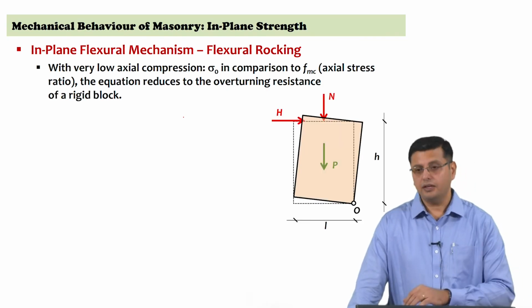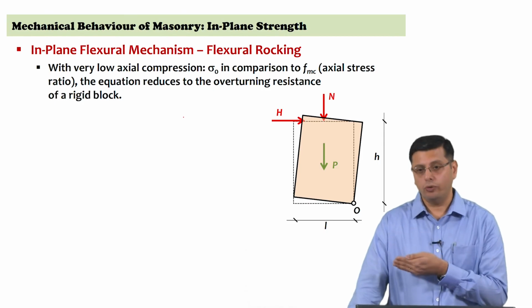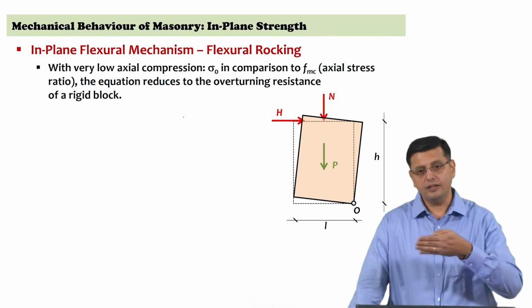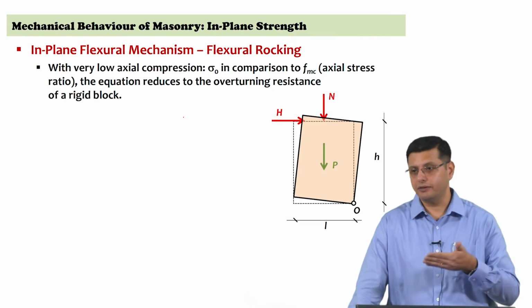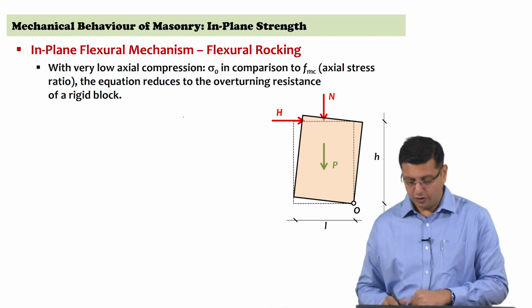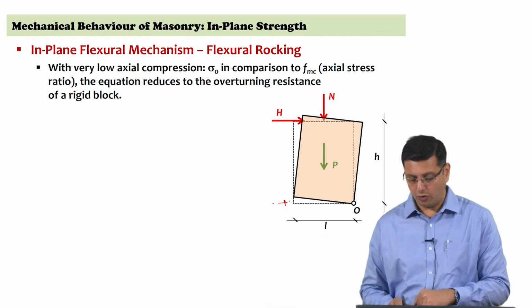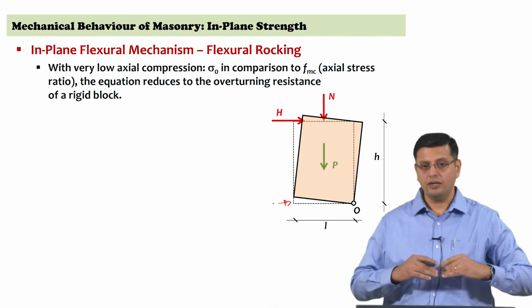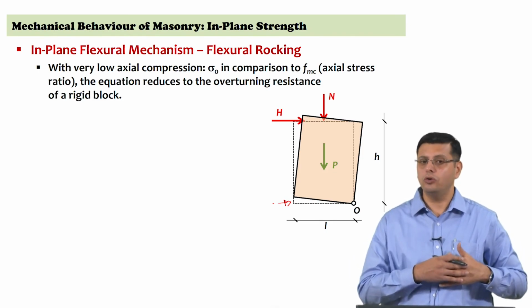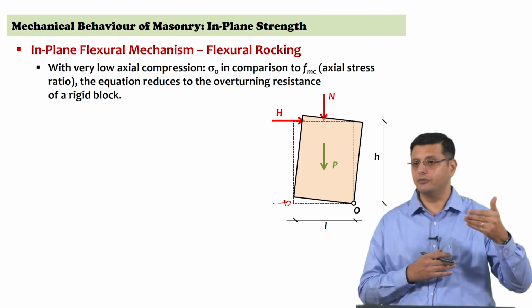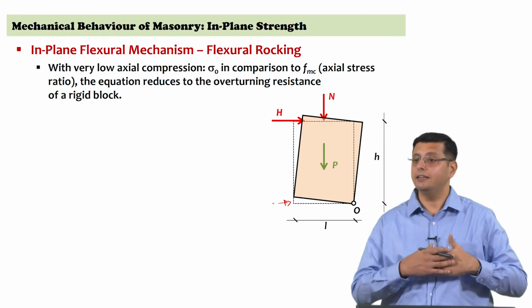So, if the precompression level is low, then with even a small amount of lateral force, if the bed joint tensile strength is not high, you can have cracking at the base of the wall. If the precompression level is low and the tensile strength of the joint is low, with a small magnitude of lateral force, you can start getting heel cracking.